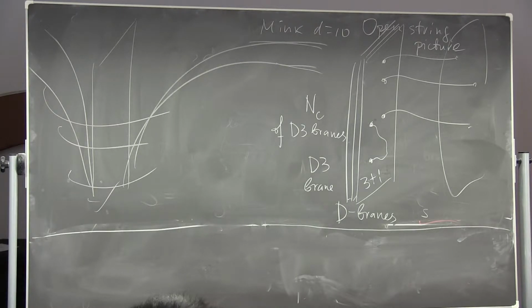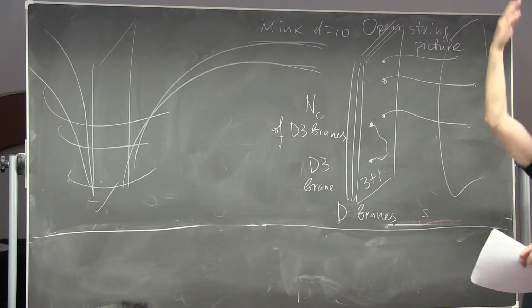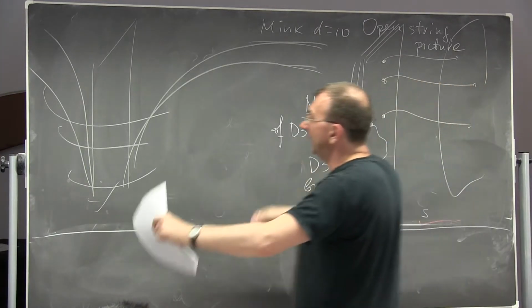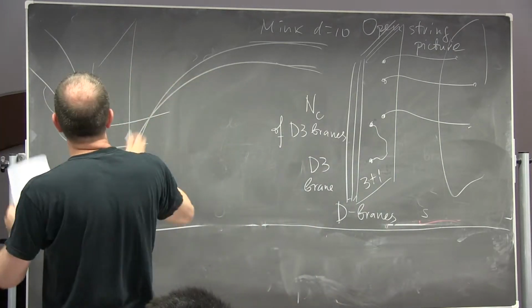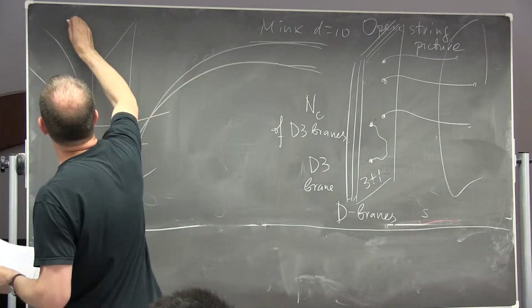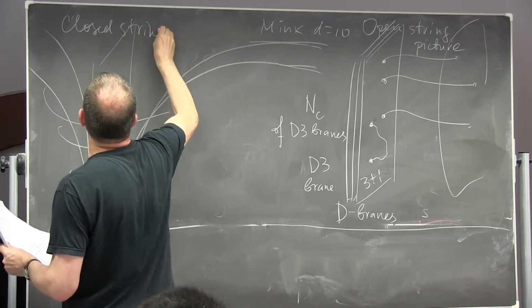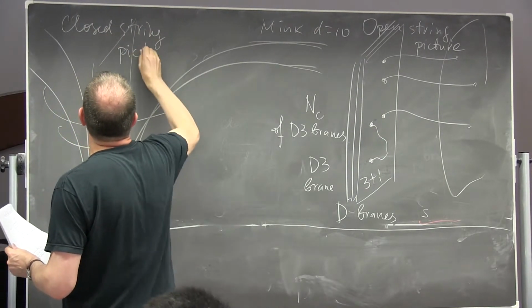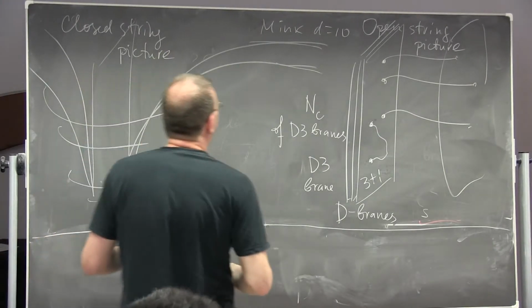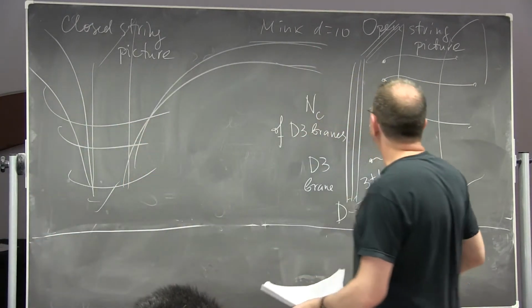And so we have some multi-dimensional object which kind of looks like a brane, right? At least it has this symmetry. So it looks more or less like this. So let's call it a closed string picture. And all of this is embedded in 10-dimensional space.